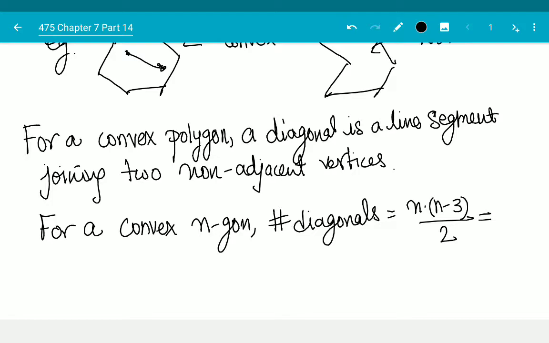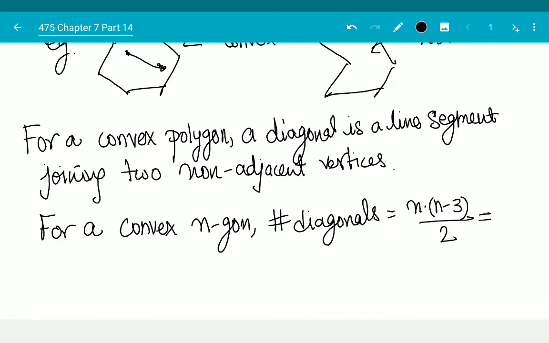How many other vertices can you connect it to by a diagonal? Well, you cannot connect it to itself, and you cannot connect it by a diagonal to the two adjacent vertices. So that leaves n minus 3 options for it. There are n vertices, so the total number of lines you are going to draw is n times (n minus 3), but each of the diagonals is being drawn twice this way. Once from the starting vertex to the ending vertex, and once the other way when you change your starting vertex.